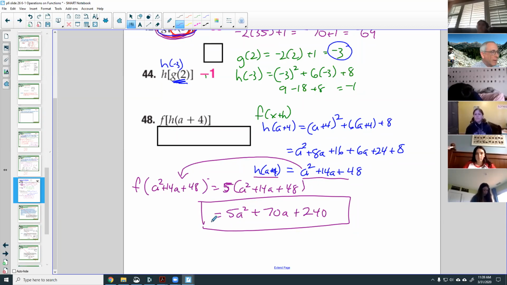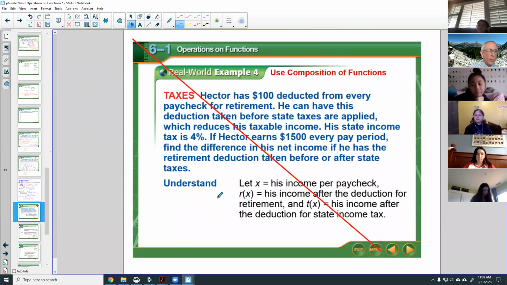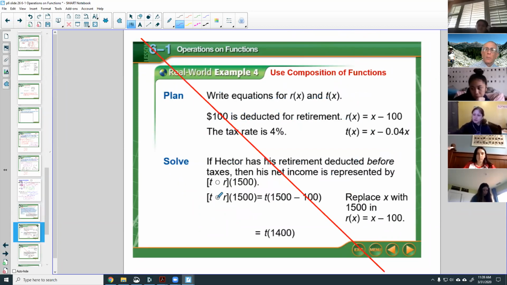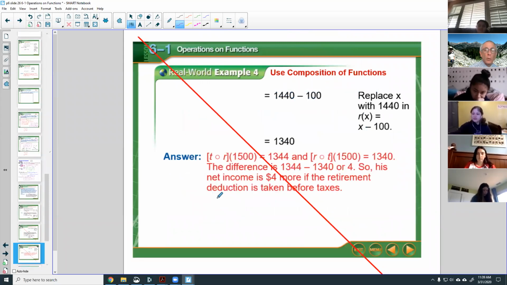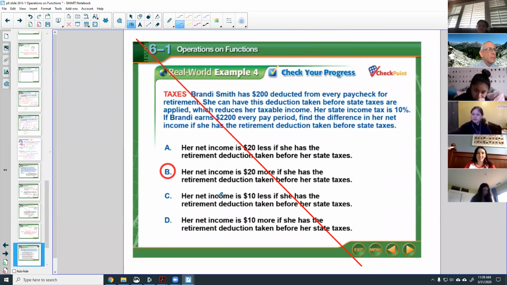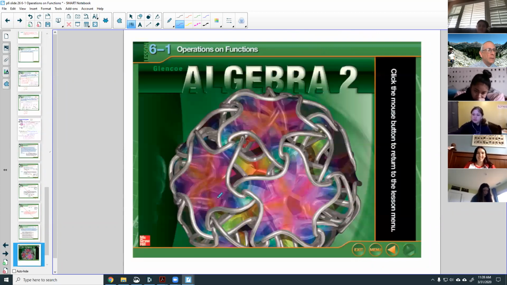Okay, then we have a word problem that we're not going to do, and more word problems that we're not going to do, and another one, and we're done with 6.1. How about that? So we're ready to move on.